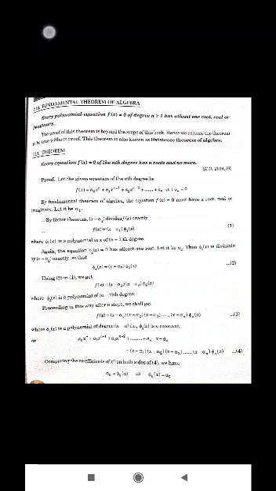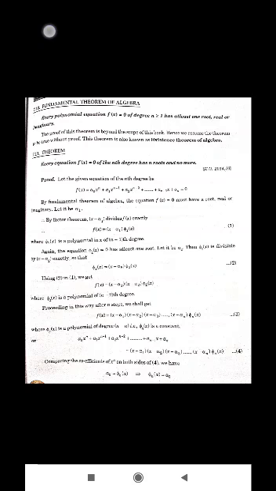So we substitute the value of phi 1, which is (x - alpha 2) into phi 2, into equation number 1. So equation 1 becomes f(x) = (x - alpha 1)(x - alpha 2) phi 2(x), where phi 2 is a polynomial of degree n minus 2.